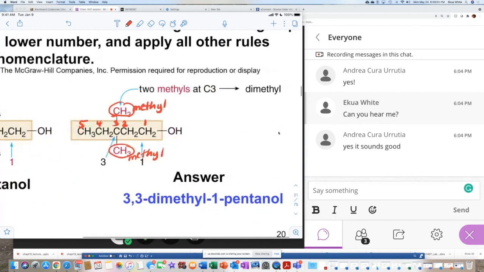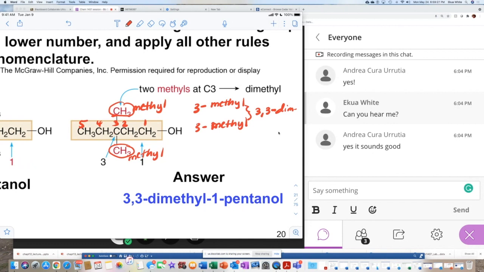Each of them is 3-methyl, but when you're consolidating them, it will be 3,3-dimethyl. Don't forget the dashes and commas, because when you're typing for the exam, those rules really matter. If you leave out a dash, it's not right.